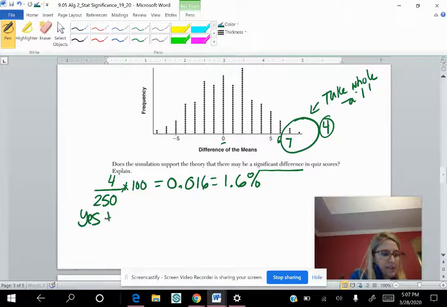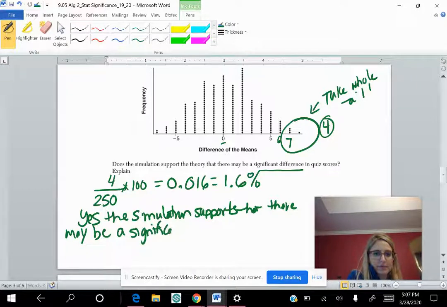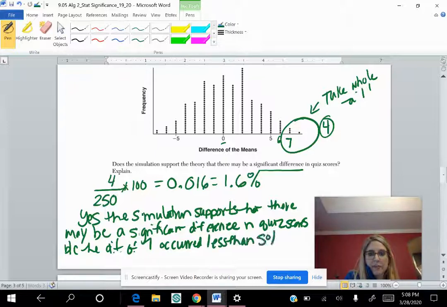So yes, the simulation supports that there may be a significant difference in quiz scores because the difference of 7 occurred less than 5% of the time.